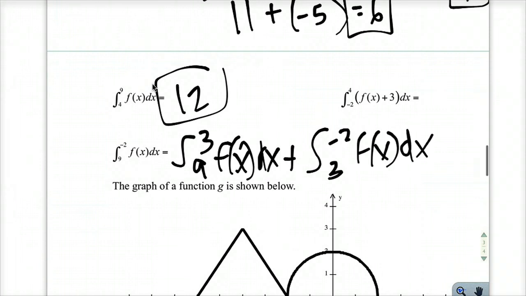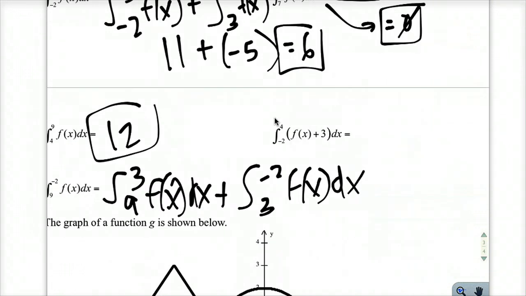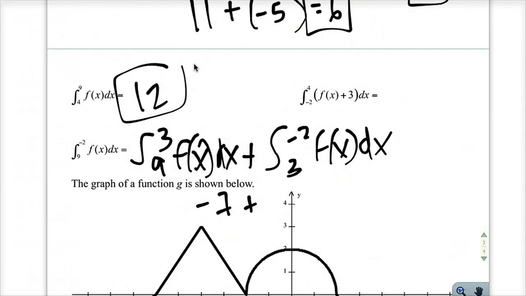We don't have 9 to 3, we only have 3 to 9, so it's going to be negative 7. And this 3 to negative 2, we also don't have, it's going to be minus 11. So my answer is going to be negative 18.